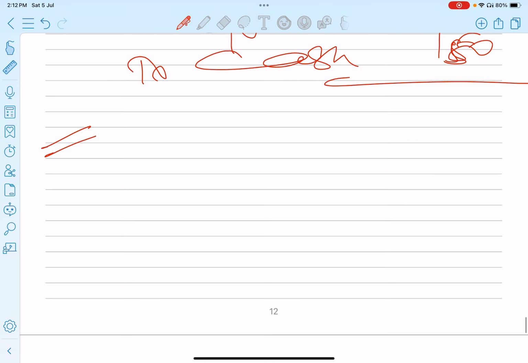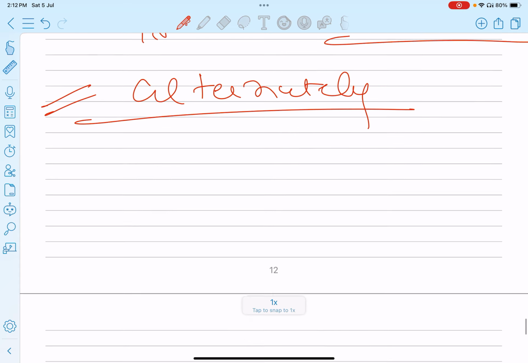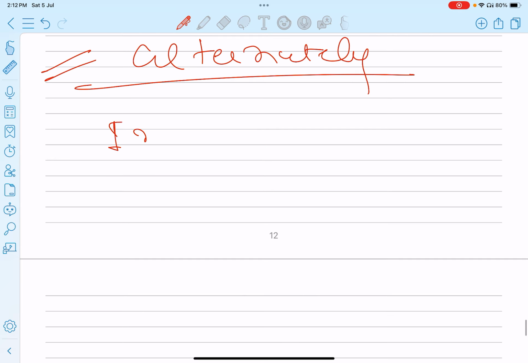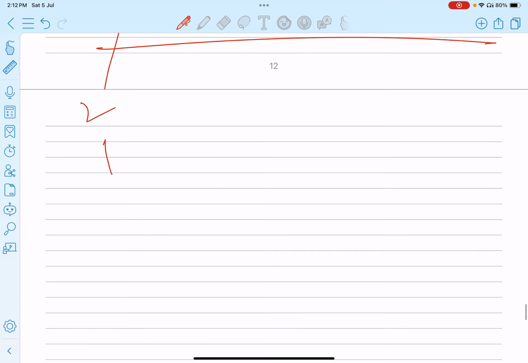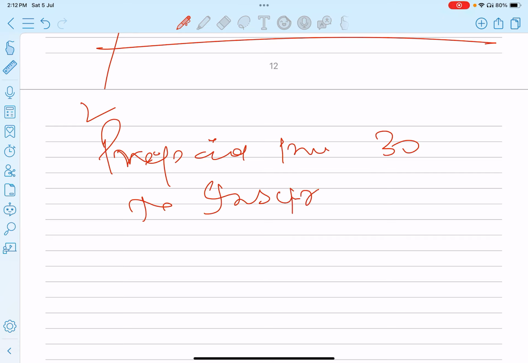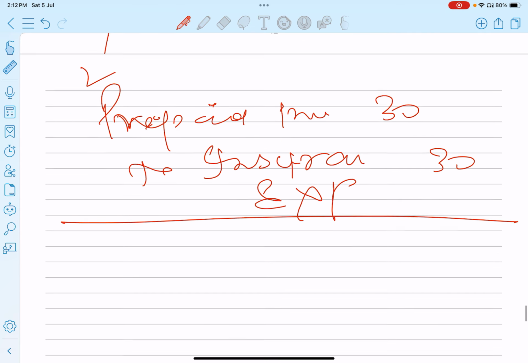Another way, alternatively, insurance expense 150 to cash, and immediately you need to reverse: prepaid insurance 30 to insurance expense 30.